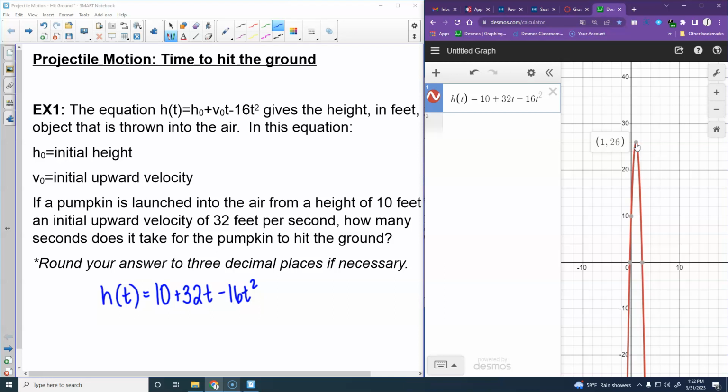Oh wait, no, not maximum. Yes. Oh, let's see how many other people have the wrong notes. Does it say hit the ground? Yours is, yeah. Does anybody else have the wrong notes? If you got the wrong ones, it says like 1.9 seconds to hit the ground.